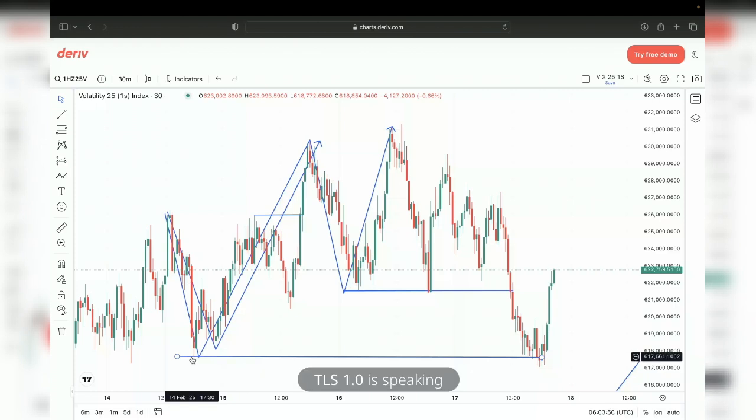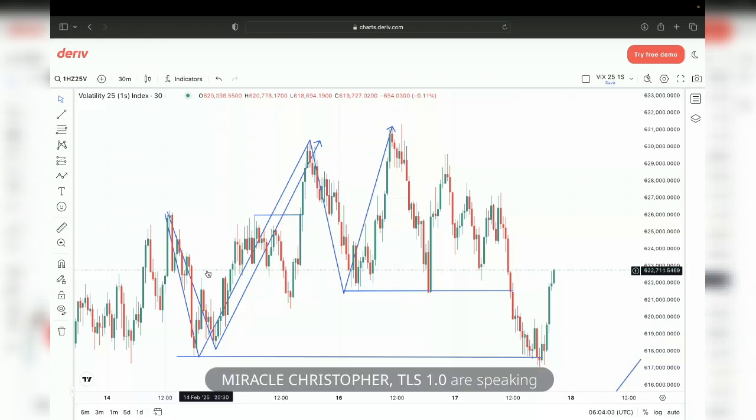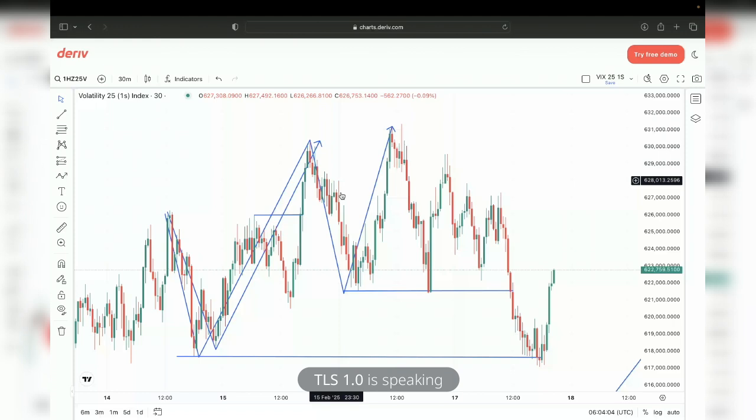Can I consider it as what? As an uptrend. If price comes to this second low and breaks it with a wick, can I still consider it as an uptrend?